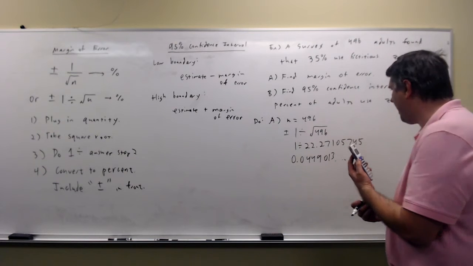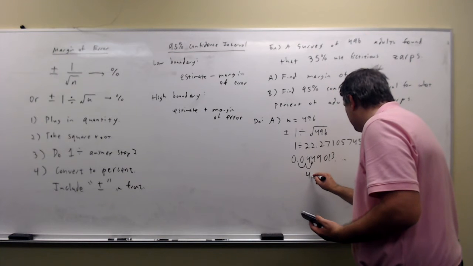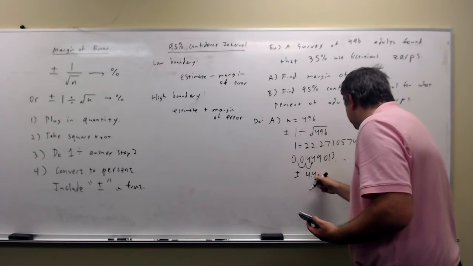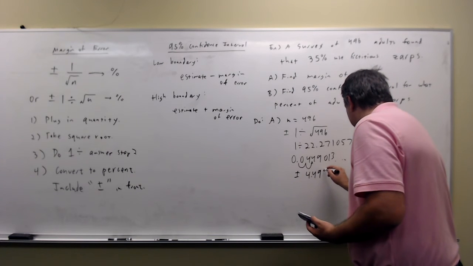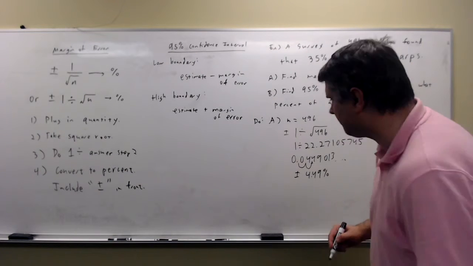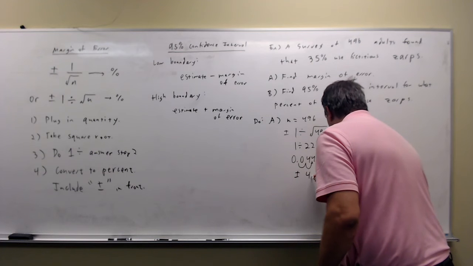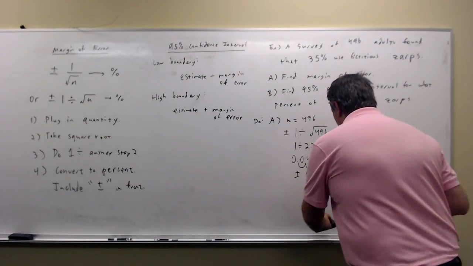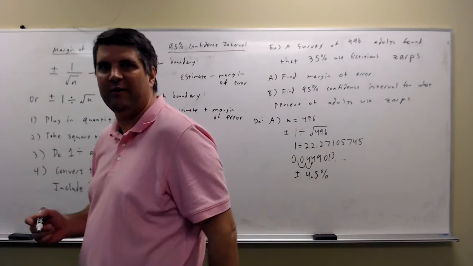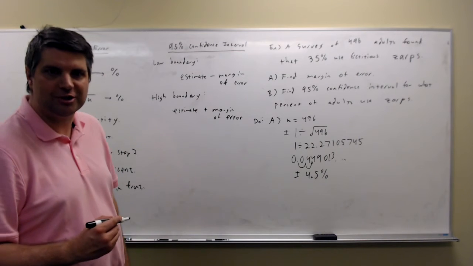I'm not really going to worry about it because I'm going to convert this to a percent and round somewhere good. So how about 4.49%? Or, I don't know, how about 4.5%? All right, so 4.5% or 4.49%, I'll do 4.5%. I didn't give myself any explicit rounding directions.